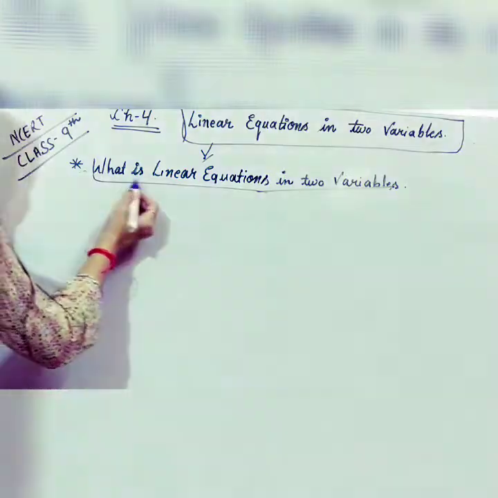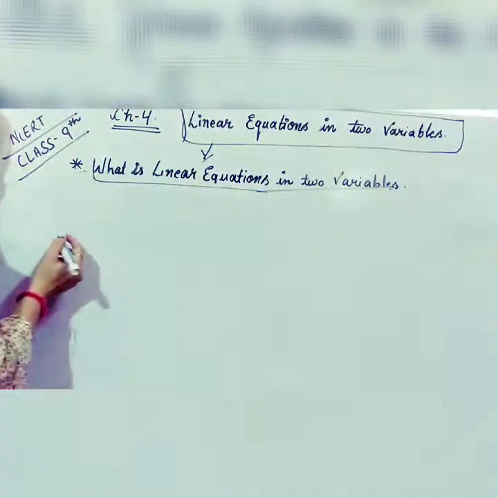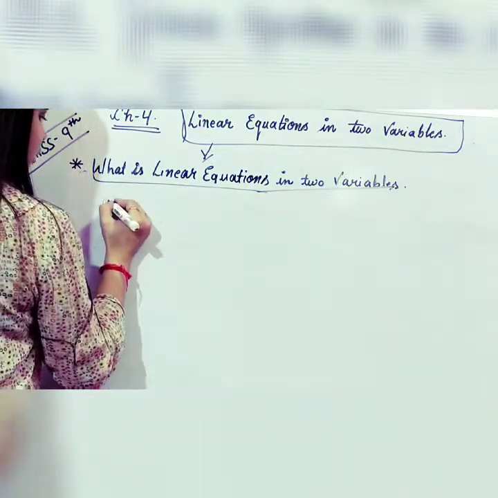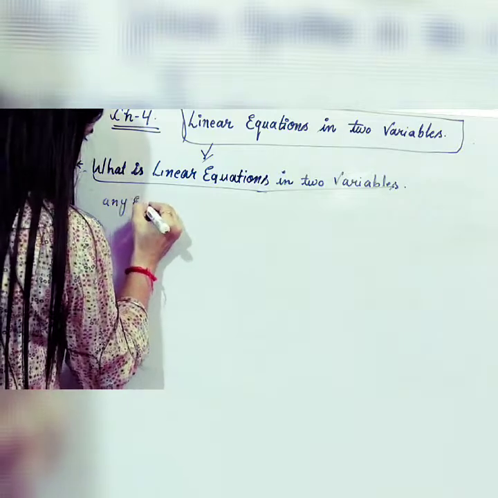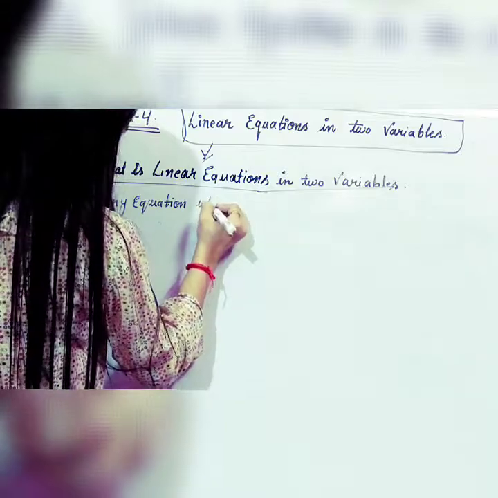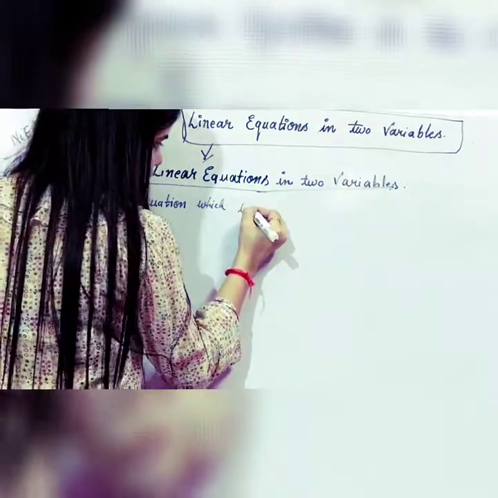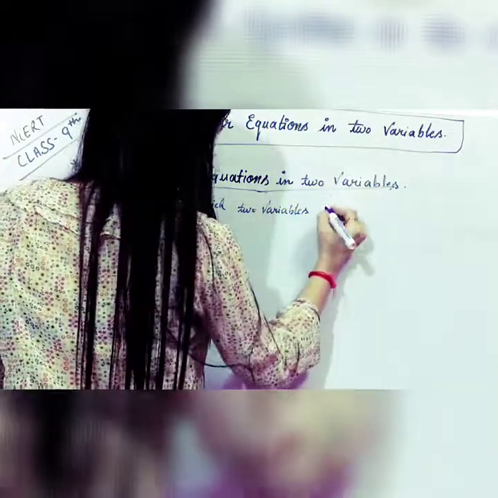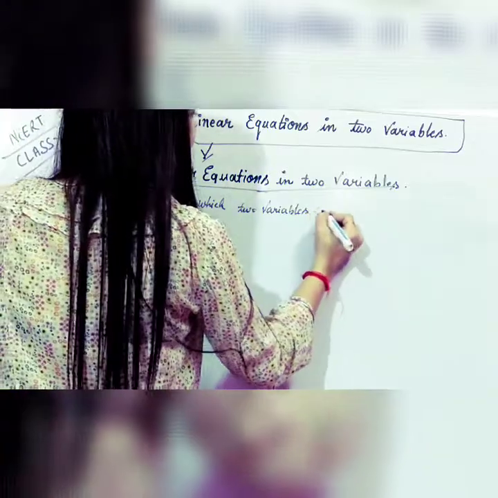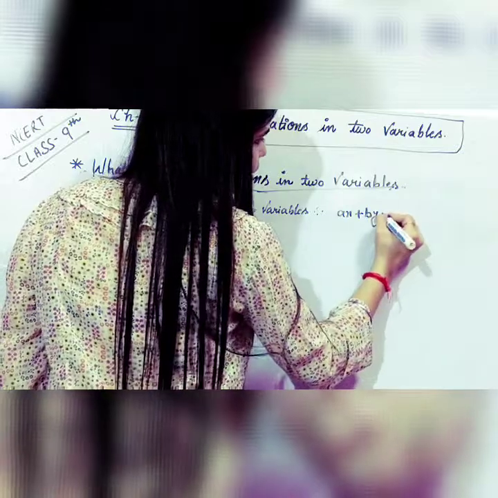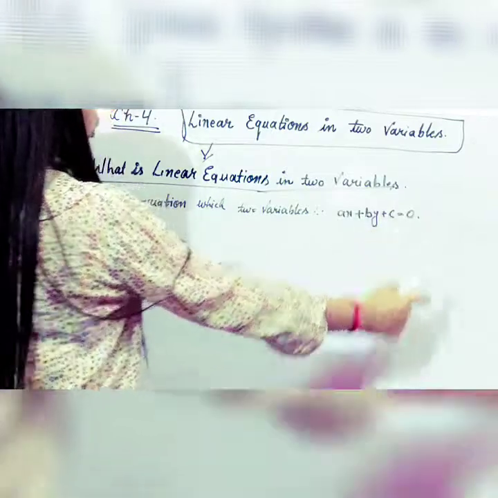When we talk about a linear equation in two variables, we can say it is any equation which has two variables, that is ax plus by plus c equals 0.